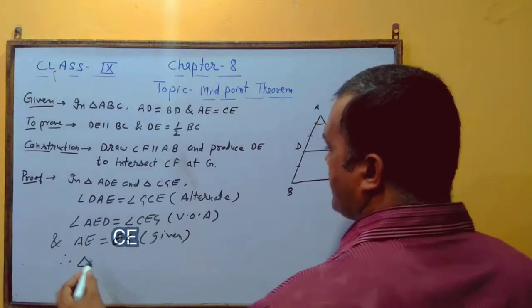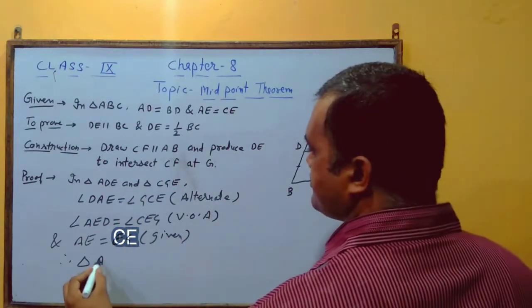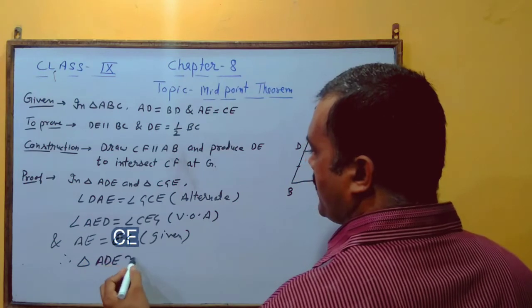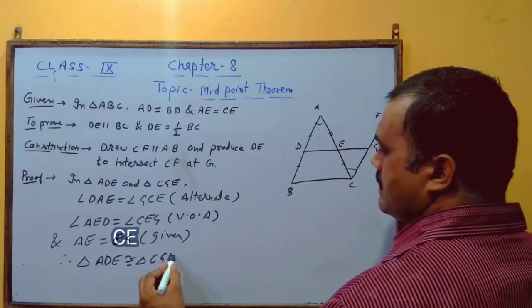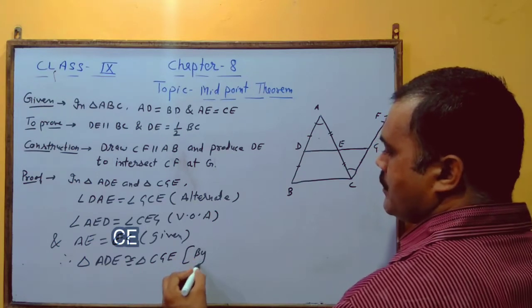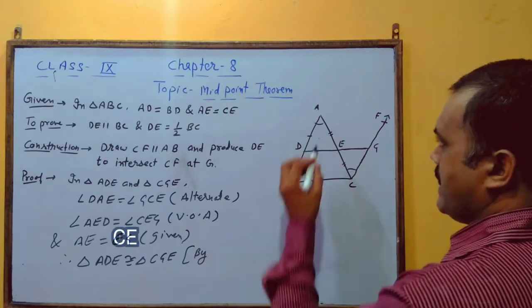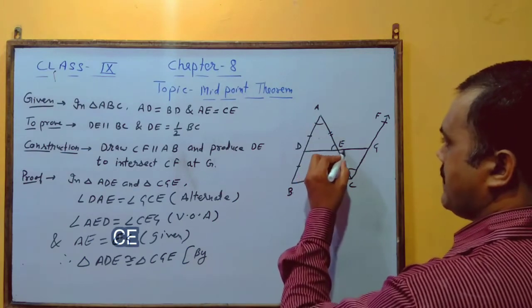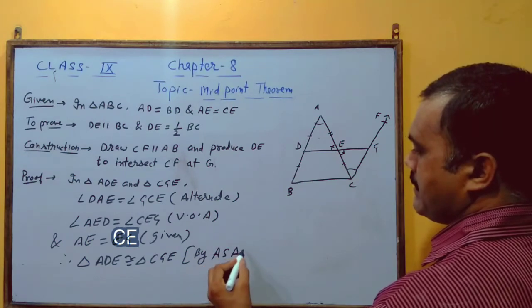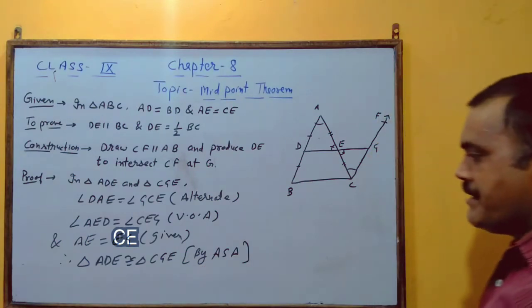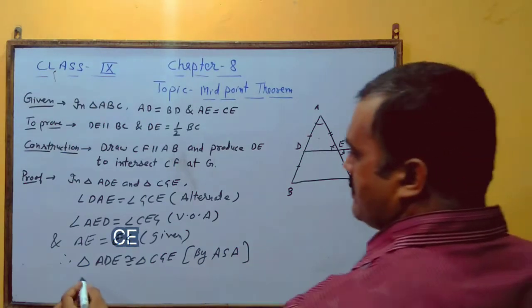Therefore, triangle ADE is congruent to triangle CGE by, you have studied in the previous chapter, congruency, 7th chapter, angle side angle. So after that, what we need to do, we will write some CPCT.